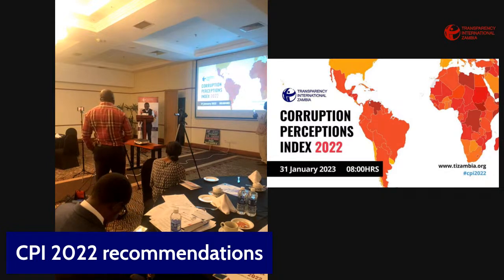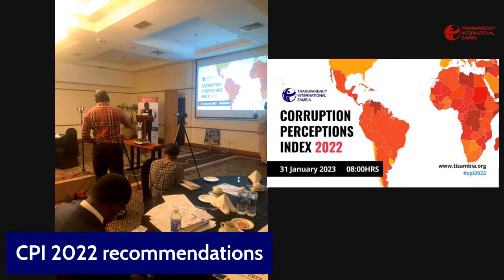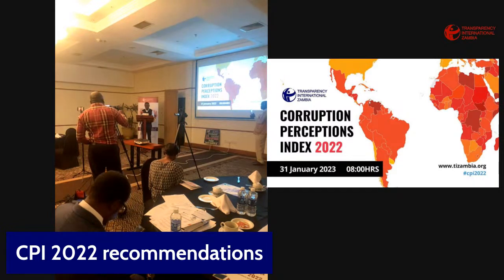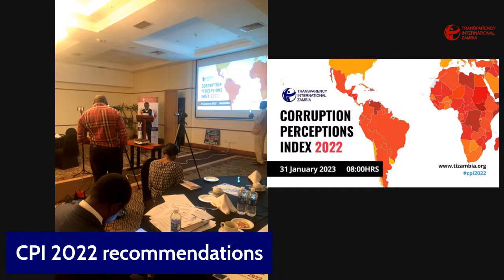Allow me to now give recommendations in line with the 2022 CPI findings for Zambia. Number one, government should expedite the revision of the national anti-corruption policy and harmonize the various pieces of legislation on anti-corruption, such as the Whistleblowers Act and many others.